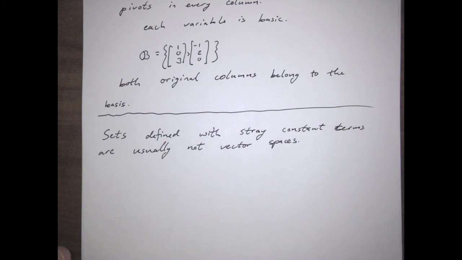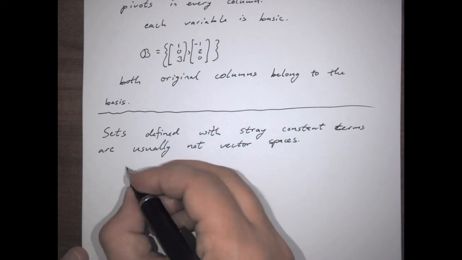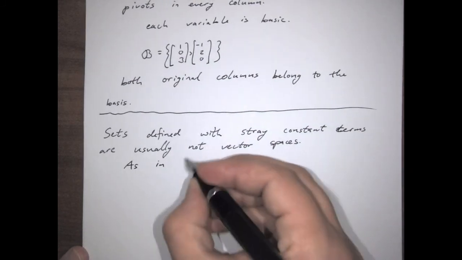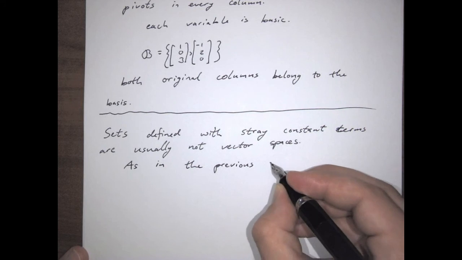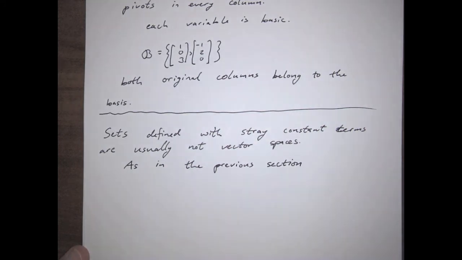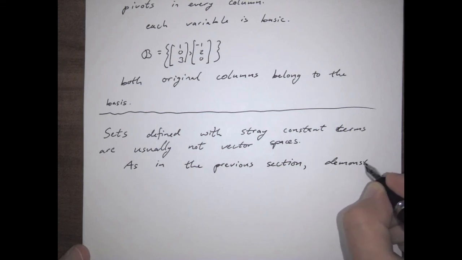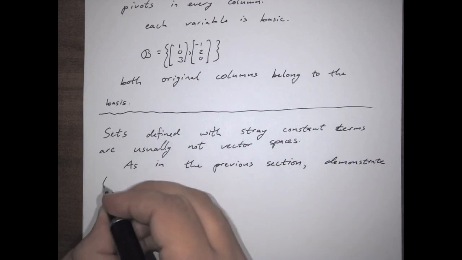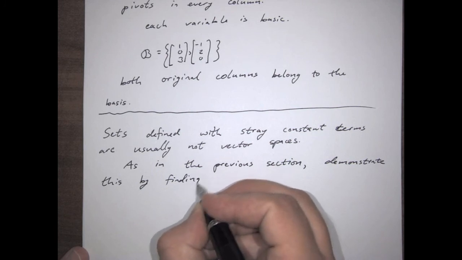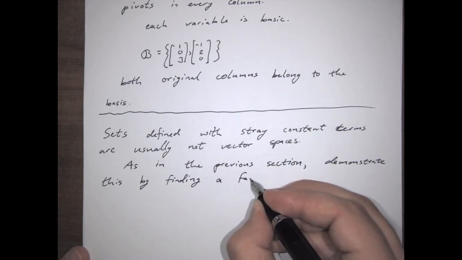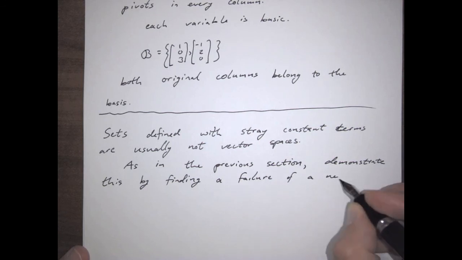Instead demonstrate that fact by checking whether 0 belongs to it, just as in the previous section. So as in the previous section, demonstrate this by finding a failure of a necessary property.